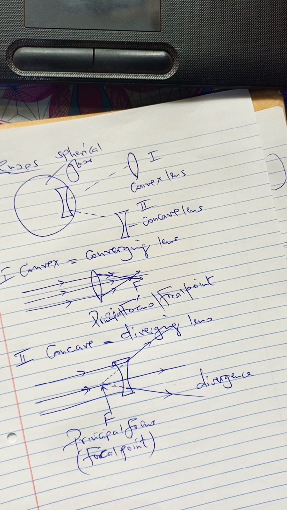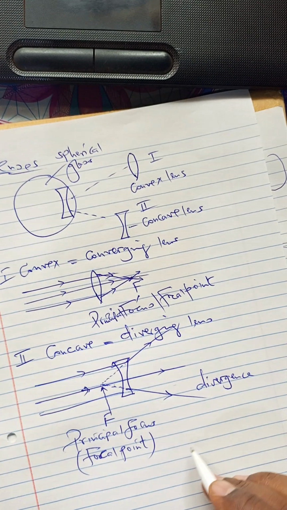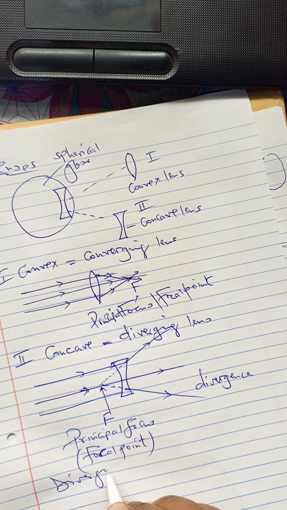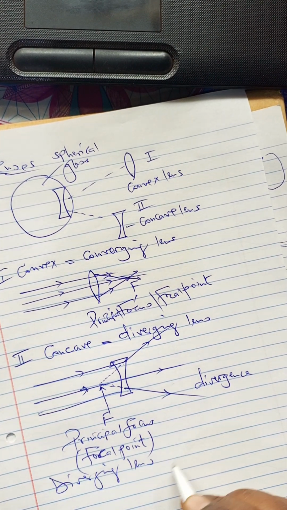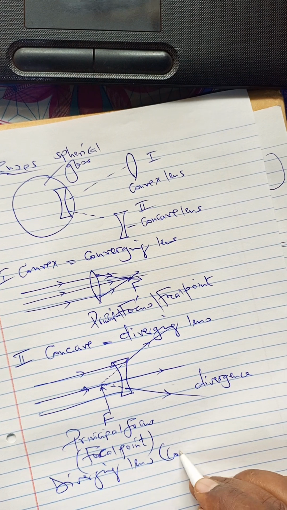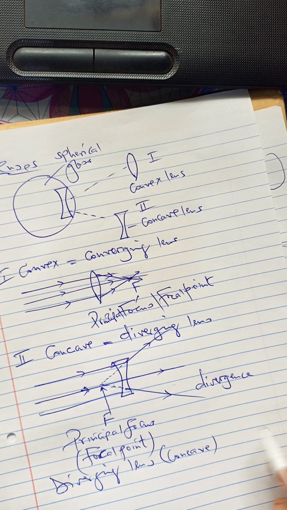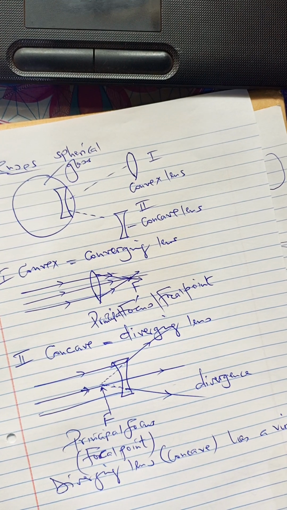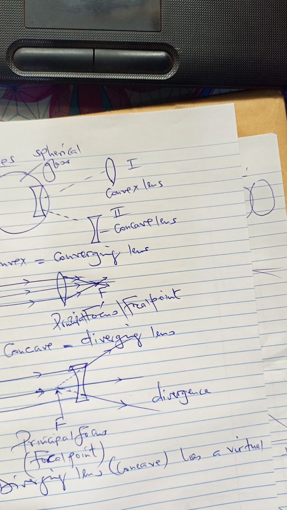It has got a virtual focus. The diverging lens, which is the concave, has a virtual focus.